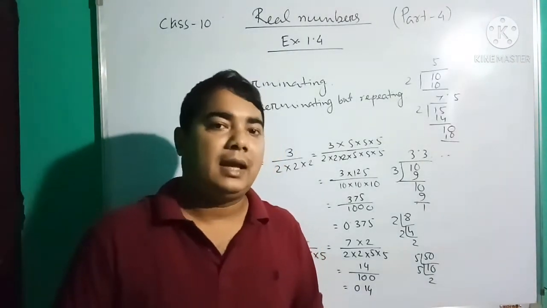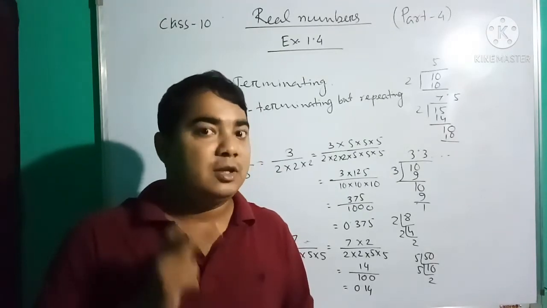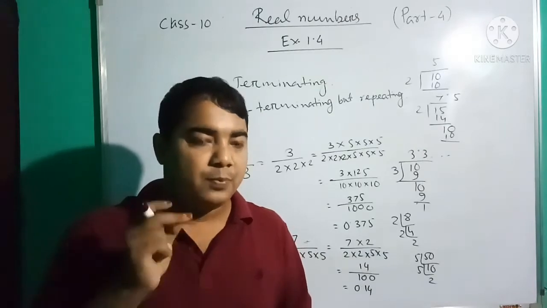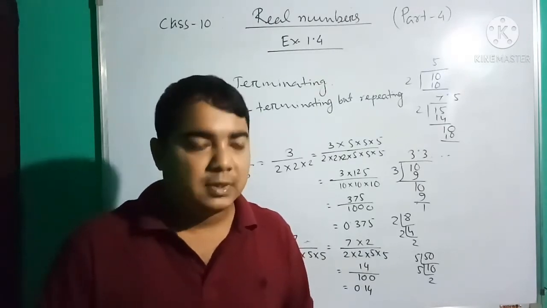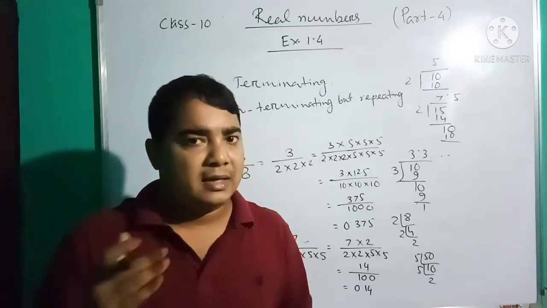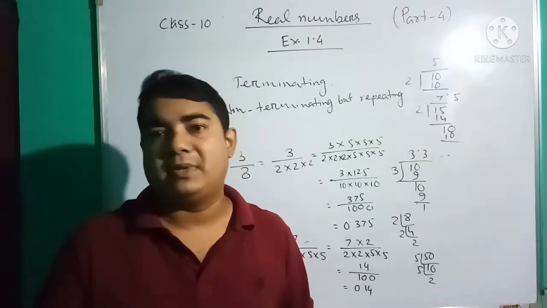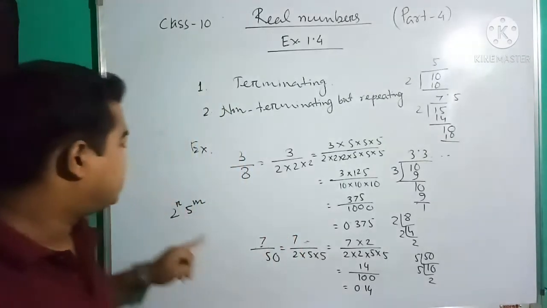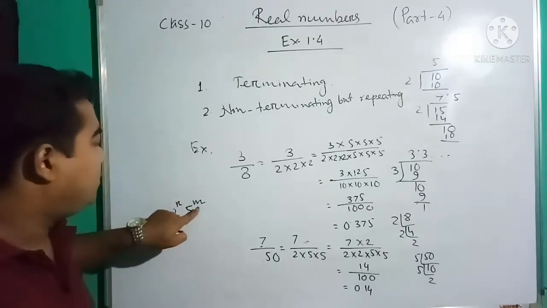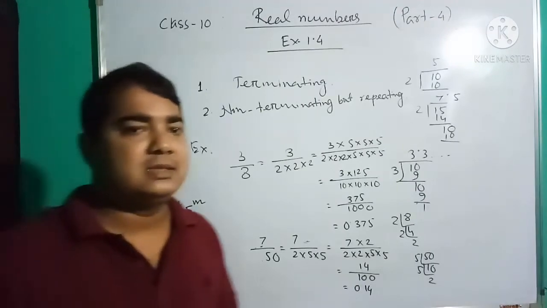Clear point? Again, I'm talking about the denominator, q. If the q factors are 2 or 5, 2 may appear 100 times or 1 time, and 5 may appear 1 time or 50 times. In 2 to the power n, n means any non-negative integer, and in 5 to the power m, m means any non-negative integer.